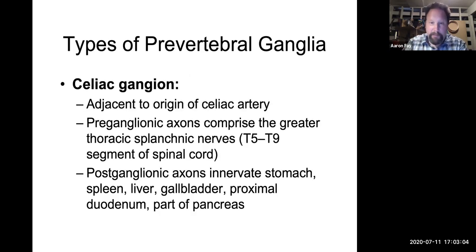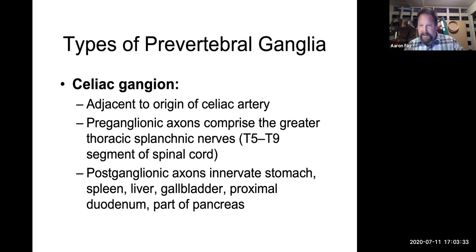Types of prevertebral ganglia. First we have the celiac ganglion, right? Next to the celiac artery, like I just mentioned, really the celiac trunk. Preganglionic axons comprise the greater. This bit of detail is not particularly important. Postganglionic axons innervate the stomach, spleen, liver, gallbladder, part of the duodenum, which is part of your small intestine, and the pancreas.